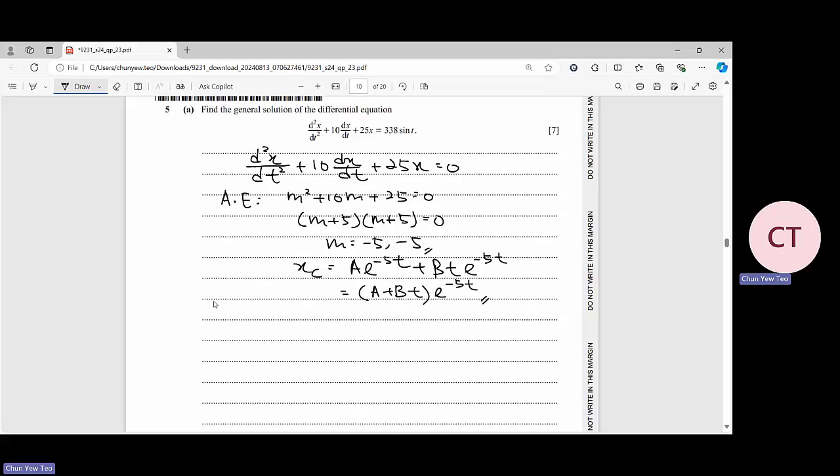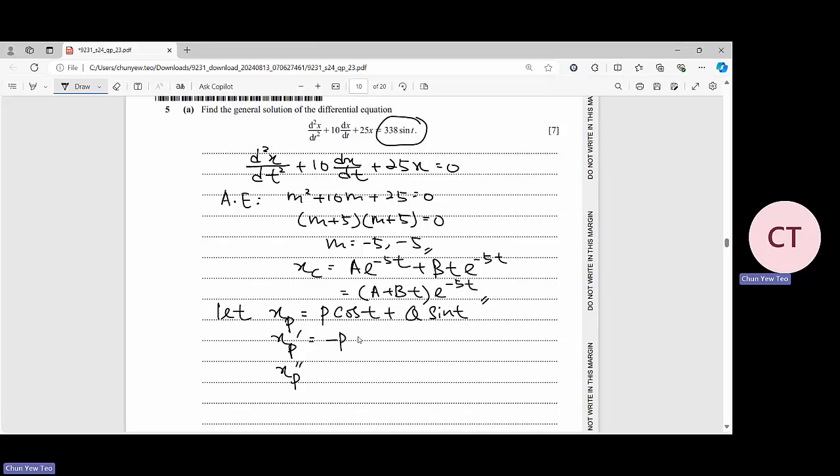Now we want to go for the particular integral. To find the particular integral, we look at the right-hand side. This is a trigonometric function, so we just need to let our xp take the general form P cos t plus Q sin t. So we need to differentiate this two times until the second order.